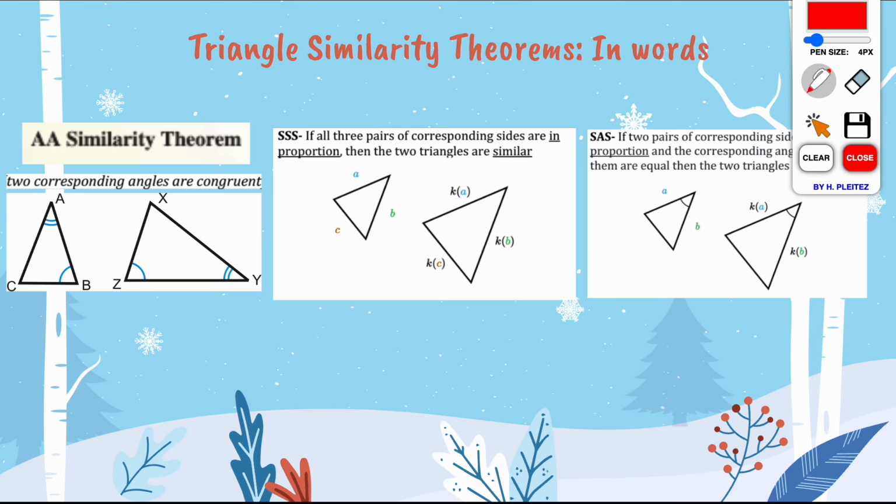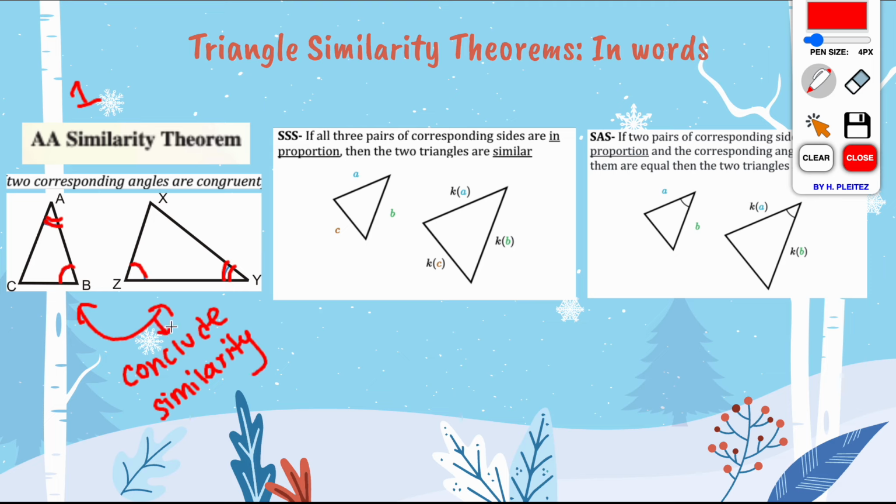So our shortcut number 1 is if we have 2 triangles and we can conclude, using prior knowledge or givens, that 2 pairs of angles are congruent, then we can automatically conclude similarity. Angle-angle is the one that's most commonly used, and to be honest, it's the easiest one. There are only 2 conditions. If you have 2 corresponding angles that are congruent, you can conclude that those 2 triangles are similar.